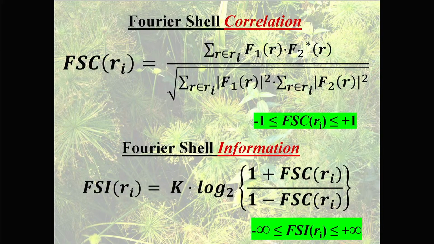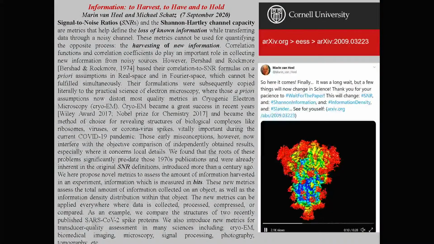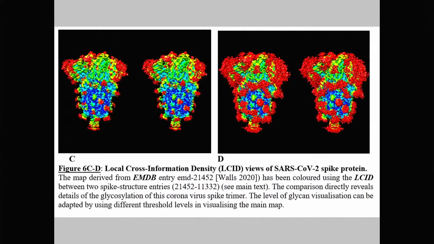This is actually patent-applied mathematics at the moment. It allows you, for example, to compare structures internally or between structures, like the spike protein here. These are the same comparisons but with different thresholds, and you see the glycosylation level very different in both cases.